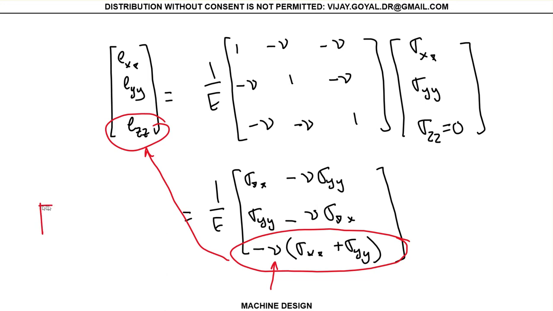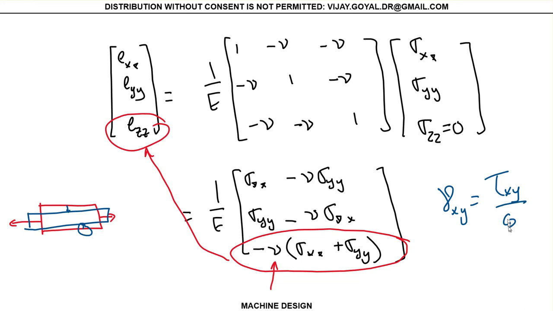Remember what the Poisson's effect says: if I have a bar, for example, and I pull it from both sides, it is going to stretch, but at the same time it is going to contract, and this is because of the Poisson's ratio. With that said, this is quite straightforward. And don't forget, your gamma xy is nothing else than tau xy divided by G. That doesn't change. I just wanted to show you that this will not be 0.